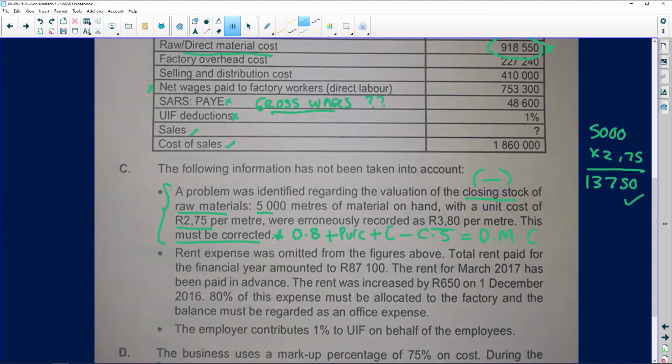Now, instead of subtracting 13,750, by mistake we recorded this as 3 Rand 80 per meter.